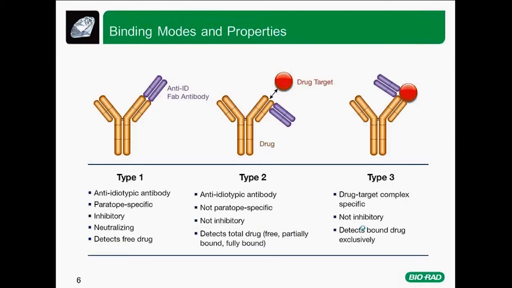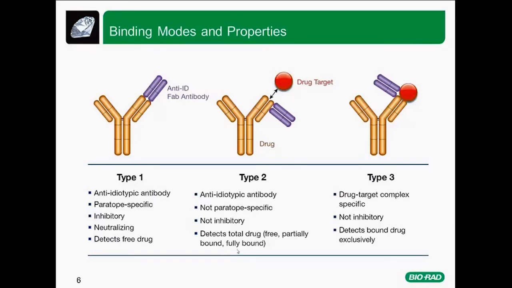So if there's a large amount of drug antibody in the serum which is still bound to drug target, then it is more useful to use the type 2 antibodies, which are non-paratope specific, so also not inhibitory. So these anti-idiotypic antibodies can still bind the drug even when the drug target is bound. So this type detects total drug: free, partially bound, and fully bound.